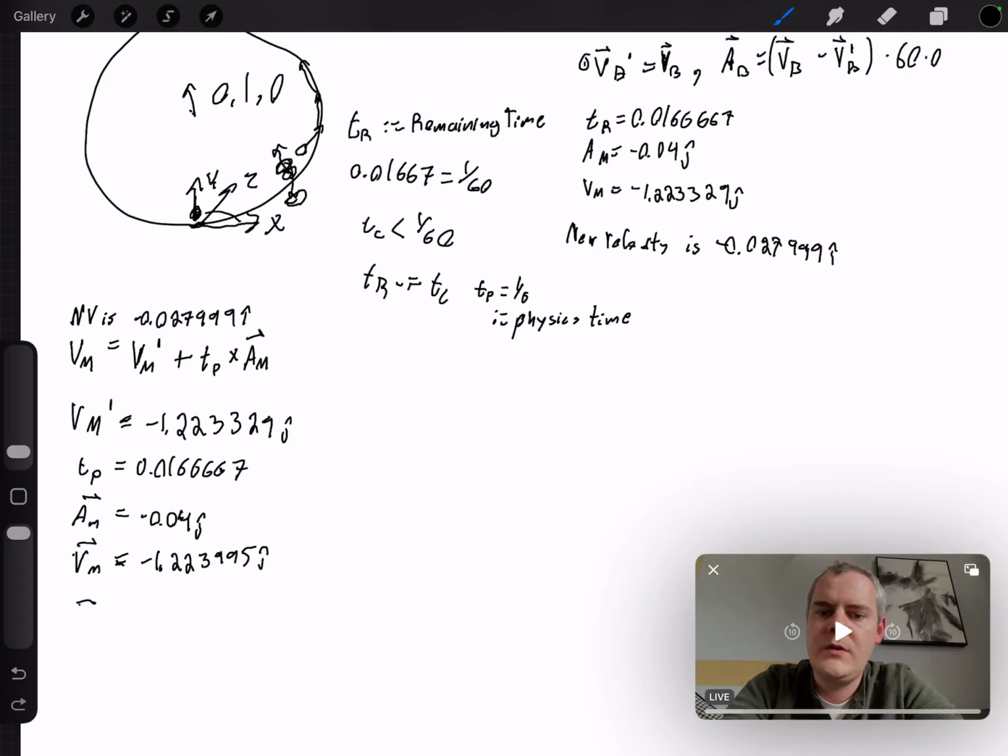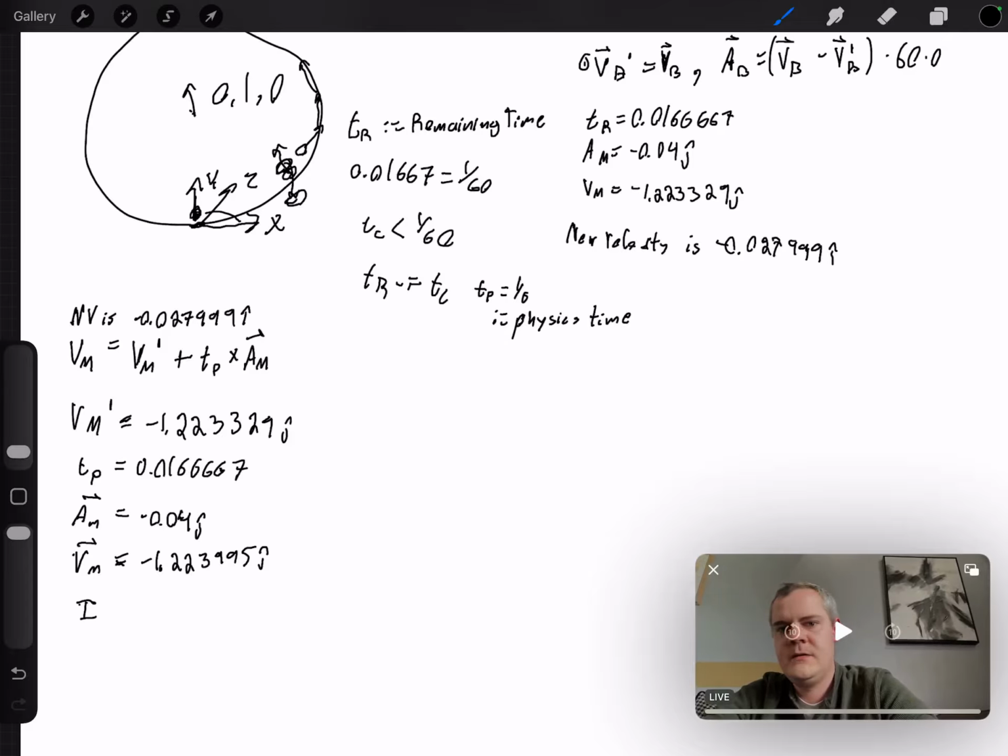I'm all over the place. I've already used prime to denote the previous. So I guess I'll just say I am. So this is the position that is supposedly outside the ball.